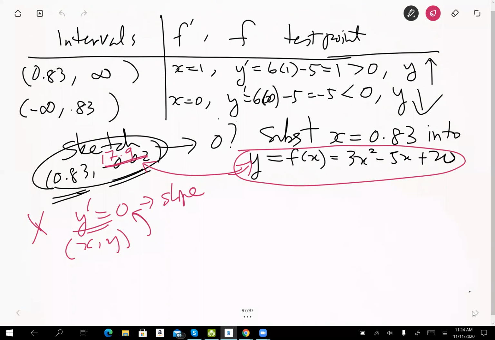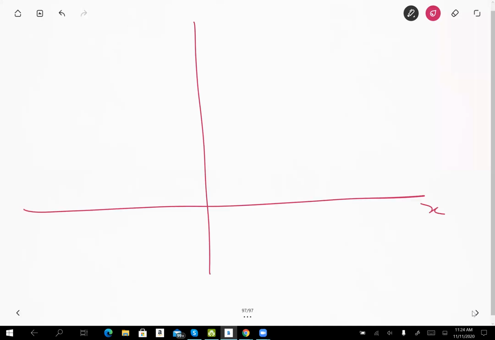So you draw the graph, roughly. With x and y axes, 0.83 and 17.9 will be somewhere here.